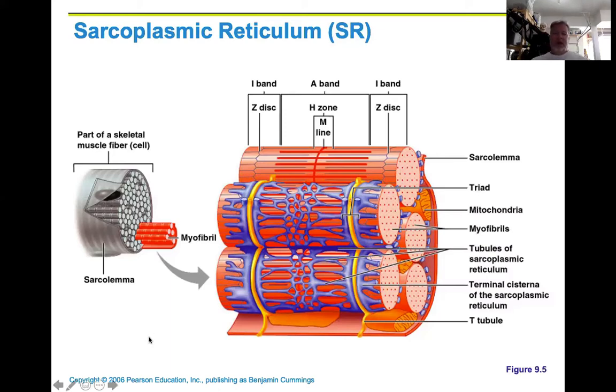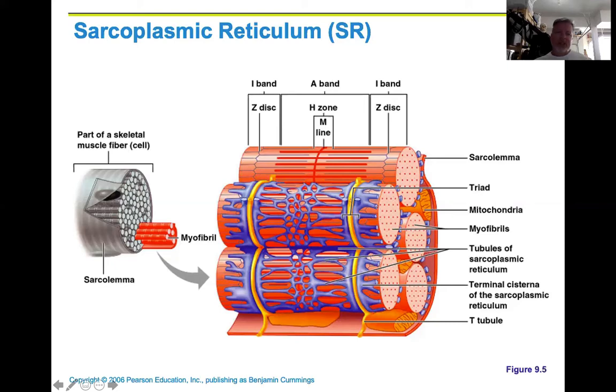You can see on the end, it comes down to an end, and we've got this area here. This is called the terminal cisternae, or cisterna, depends on how you want to spell it. See, there's the word right there.